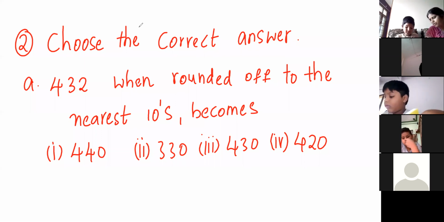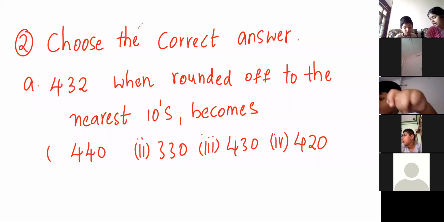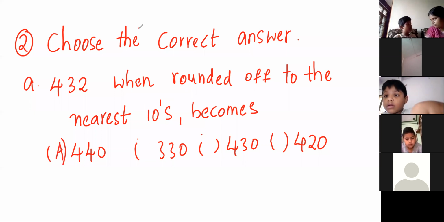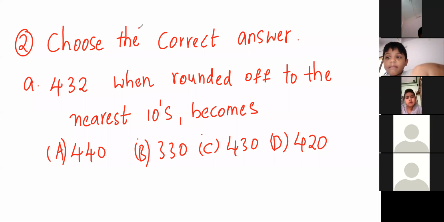These are Roman numerals I have applied here, and some of you may get confused, so I'm going to write capital letters here: A, B, C, and D. Four options I have given. The question is: 432 when rounded off to the nearest tens becomes what?